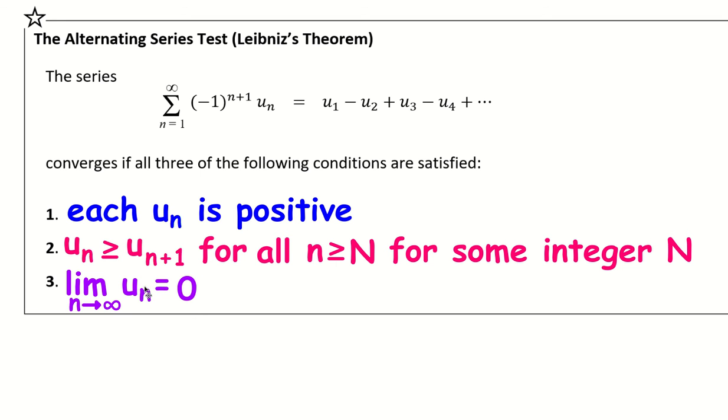This u sub n part is almost separate from the part that makes it alternate. If these terms are getting smaller and smaller, basically approaching 0, then I would think this is going to converge to something. That makes sense. It's going to converge if it satisfies all these conditions.